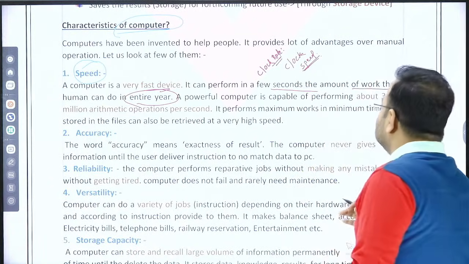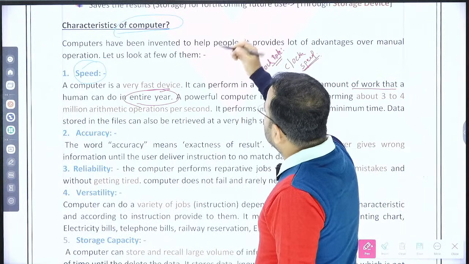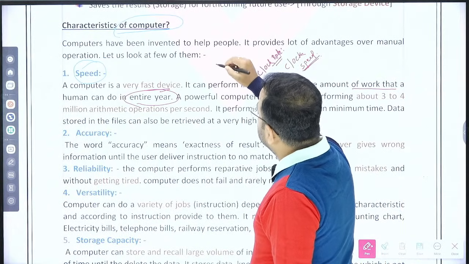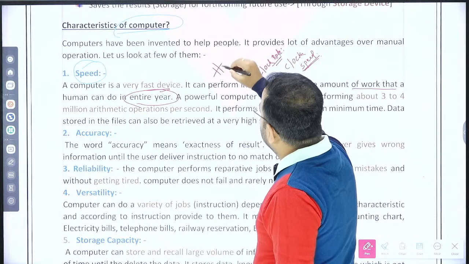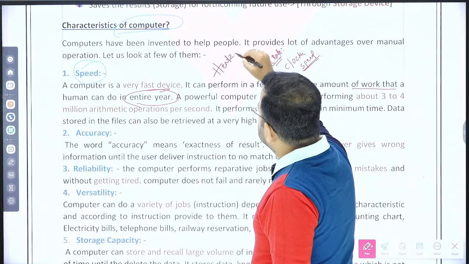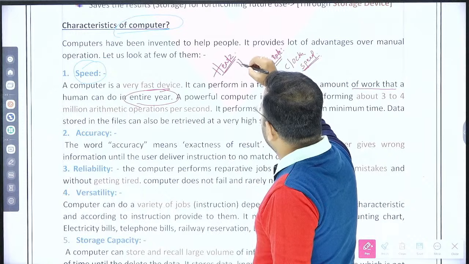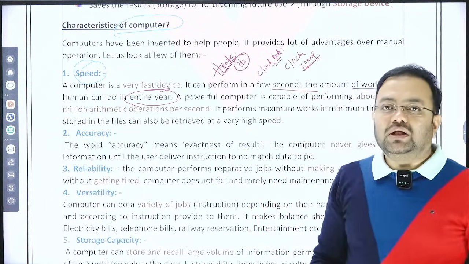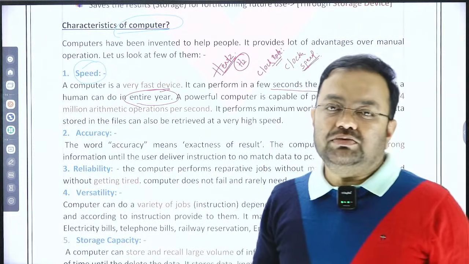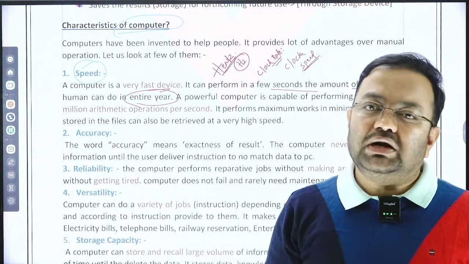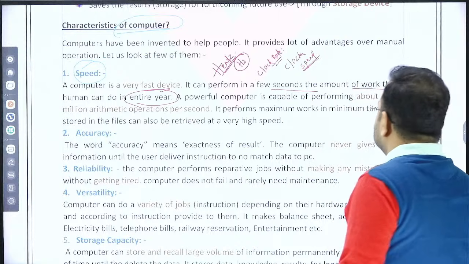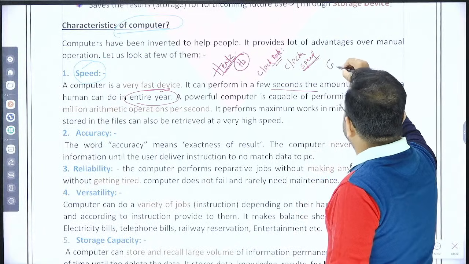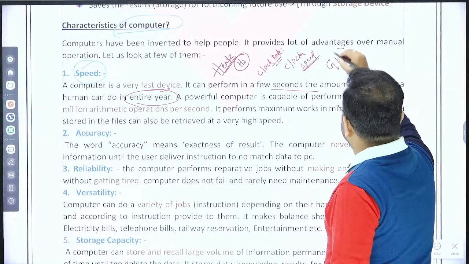So to measure the speed, we are using the unit known as hertz. HERTZ, as it is a machine, basically we are using hertz, or shortly we are telling HZ. So what is the latest unit of hertz specifically in our personal computer, desktop and laptop? So students, I'm telling you, now we are using GHZ, gigahertz.